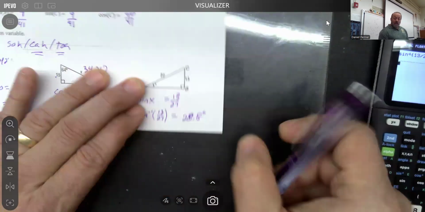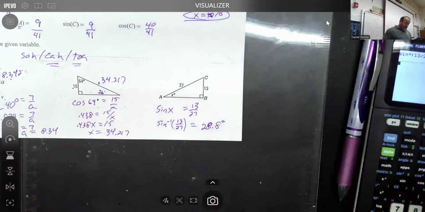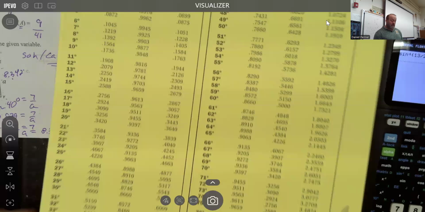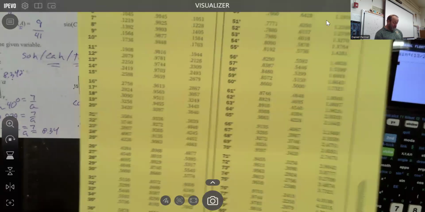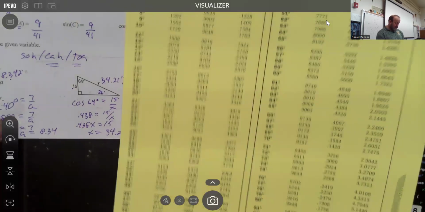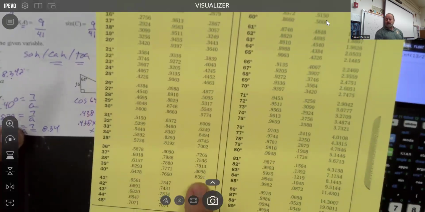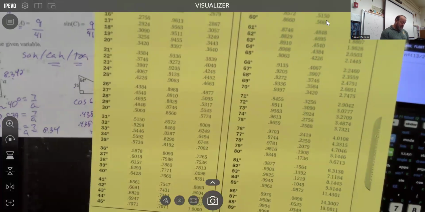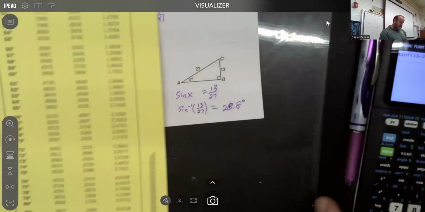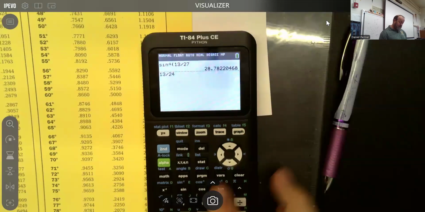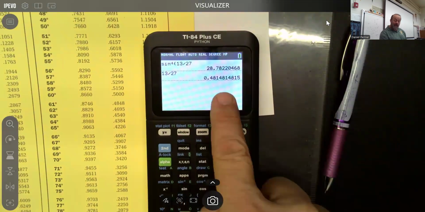Now, remember, we have talked a little bit about how we have our stuff right here, so you can always use these charts as well. Like we said, the tangent of 40 was 0.839 and it's sitting right there. You could get the same information off of these things. On this last problem, the sine was 13 over 27, which is 0.48.